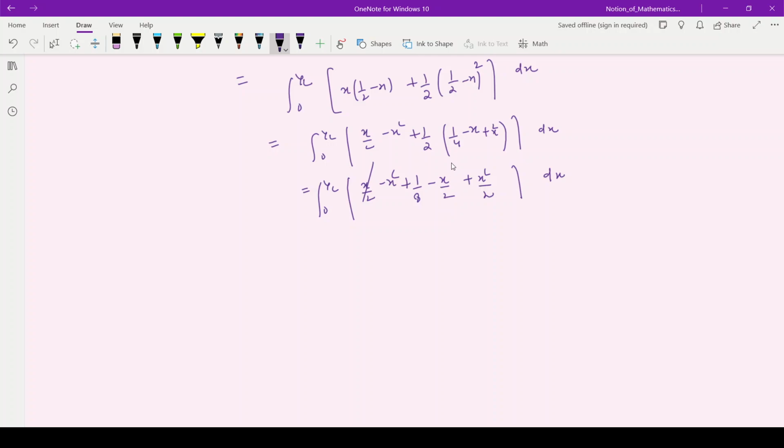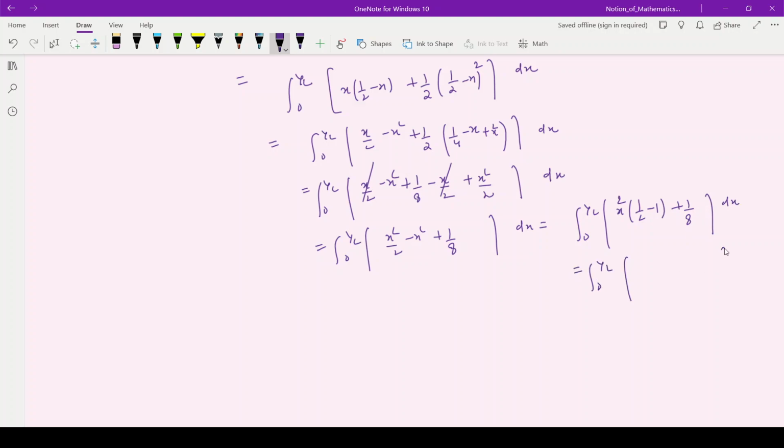So this x by 2 and x by 2 will cancel out. It is 0 to 1 by 2, and it will be x square by 2 minus x square plus 1 by 8 dx. Ultimately, it is 0 to 1 by 2, and I can write it as 1 by 2 minus 1, that is minus x square by 2, plus 1 by 8, and then dx.